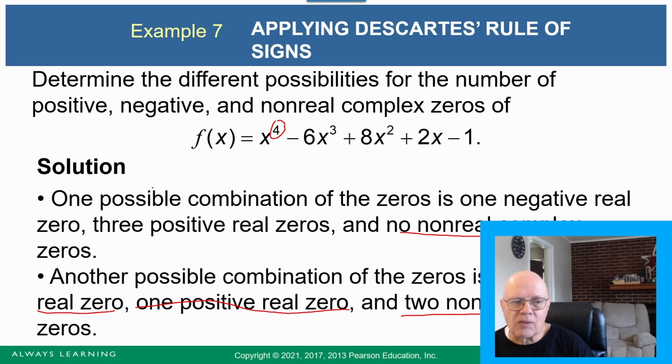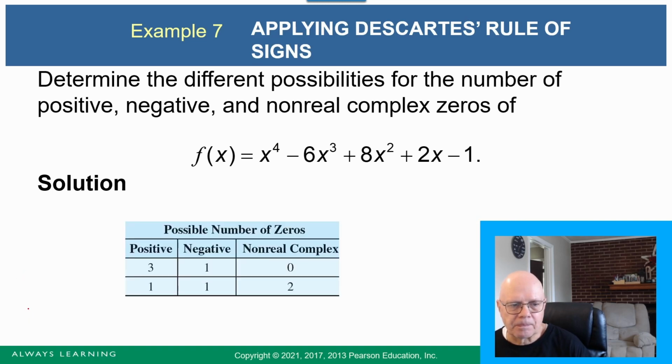Remember, these are the possibilities. 3 positive, 1 negative, or 1 positive, 1 negative, and then a non-real complex. And there's a little table for you. Here's when you have 3 positive, 1 negative. That covers all of them. And so there's no room for non-real complex. If you have 1 positive, 1 negative, you've got 2 others, and they have to be non-real complex.